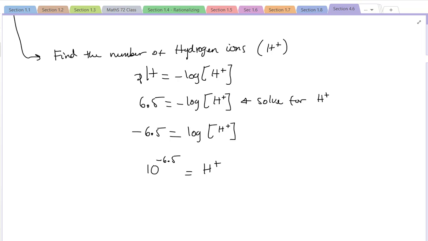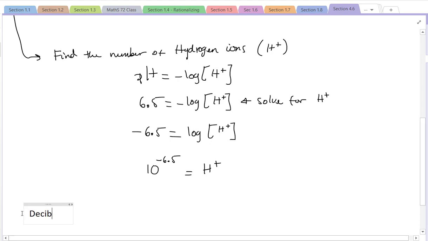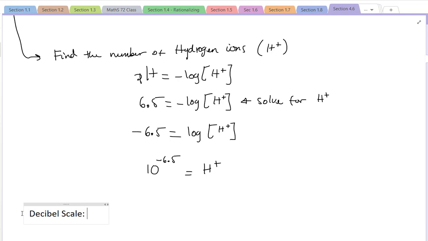The next scale that we can talk about is the decibel scale. You may have already heard some of these things, that you talk about sound in terms of decibels. The decibel scale measures loudness, taking into account the threshold of hearing.